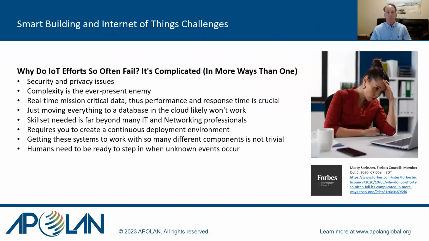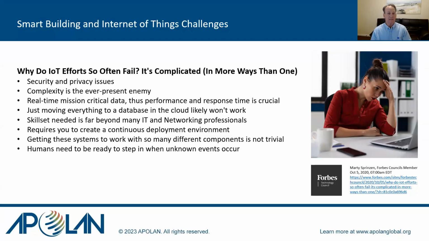Now, before I turn it over to our expert panel, I just wanted to set the foundation for this conversation, because it's a daunting task. It's a challenging one, and unfortunately, sometimes there are failures involved. They can come about in several different ways. I found this great article from Fortune magazine that laid out some of these challenges and complications. When you're dealing with smart buildings and IoT, you have considerations relative to security and privacy.